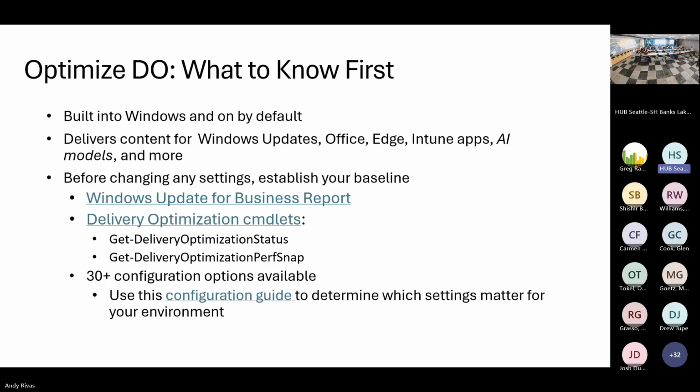So if you do that math and multiply it out in your tenant, whether you have 100 devices, 1,000 devices, 10,000 devices, that could be significant bandwidth usage. And so these tools become very important for us to help you optimize and manage that. It's only a 400% increase.